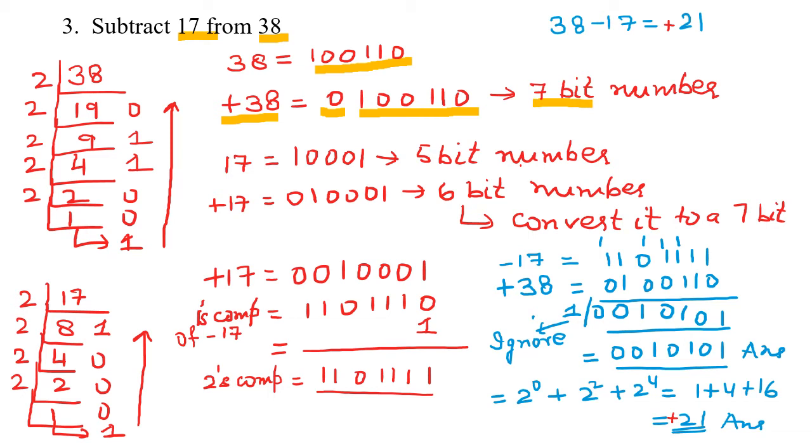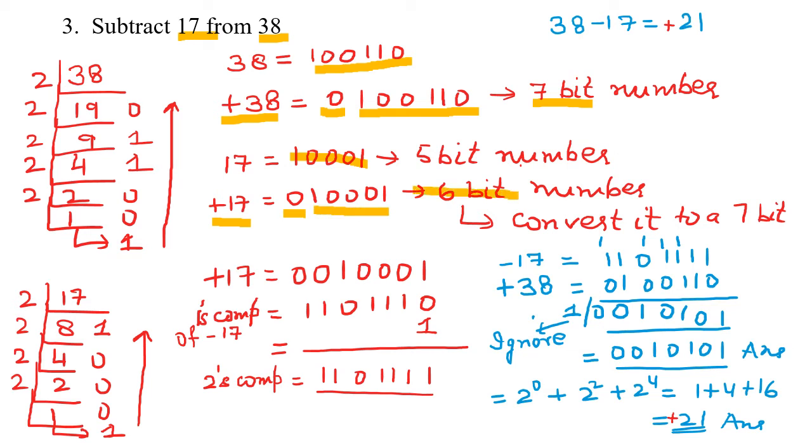Now we have to subtract 17 from this 38. First find the magnitude of 17 in binary, it is equal to 10001. Now to write plus 17, add a sign bit 0 in front of it, so it becomes 010001. This is a 6-bit number.